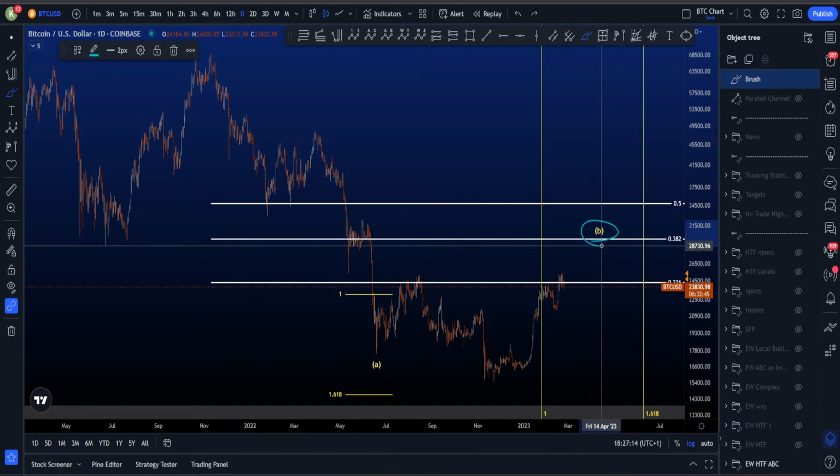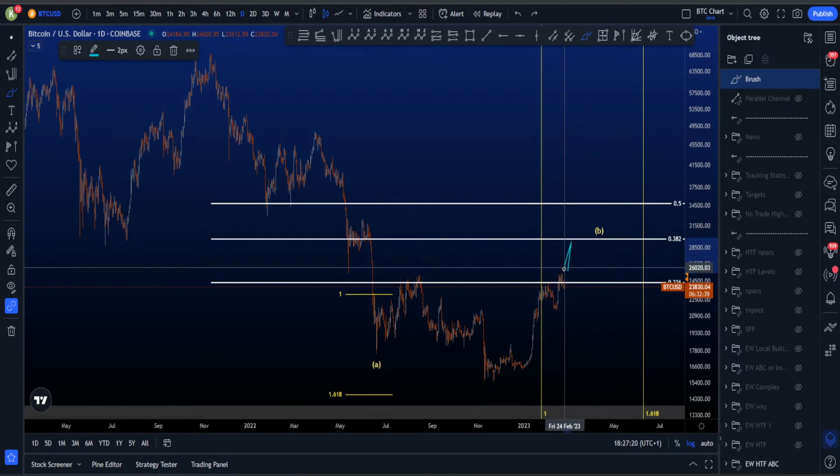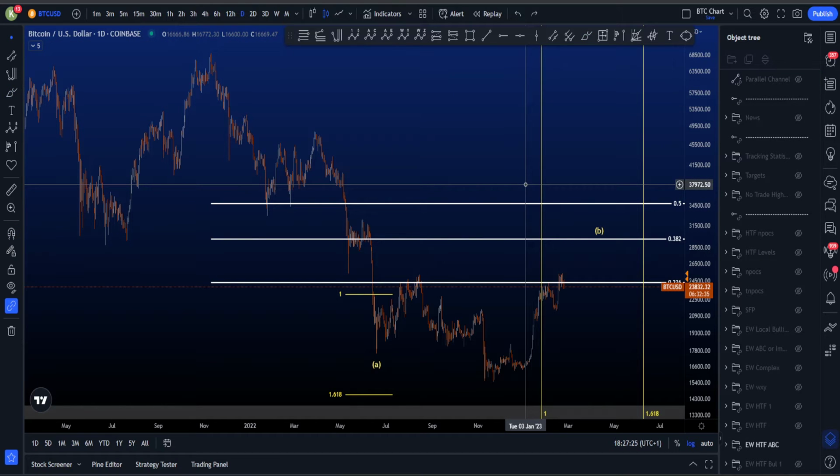A wave B, the minimum requirement for a wave B is to reach the 382, and as you can see, we are still far away from the 382. So when I was thinking about not only this scenario but some other scenarios that I will show you in a second, I thought, well, if we're not high enough, is there a possibility that wave 5, that wave C, is not yet finished?